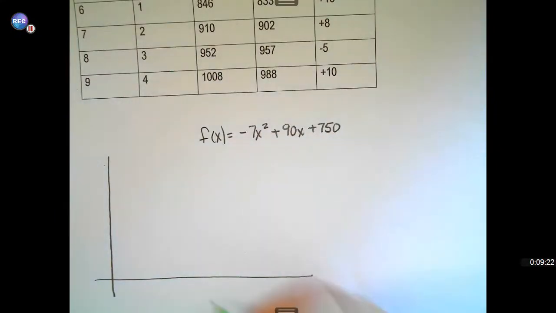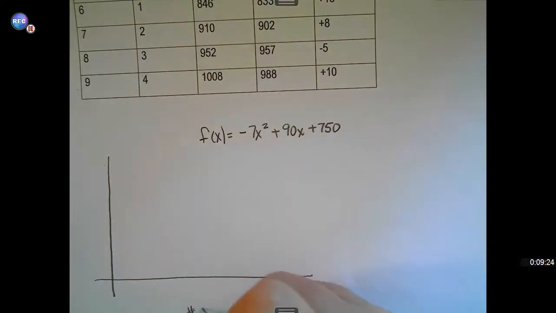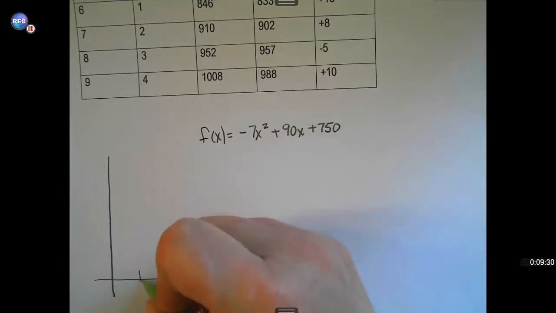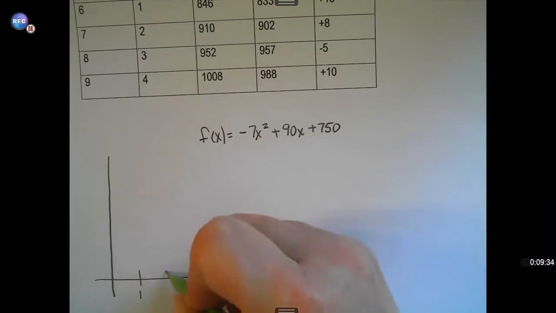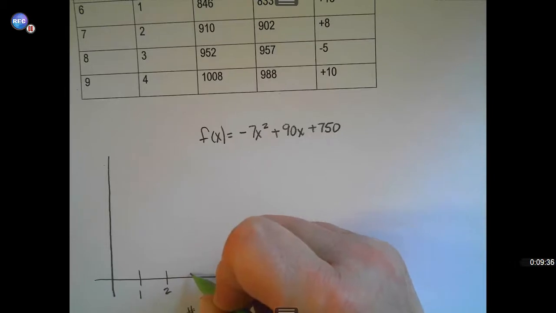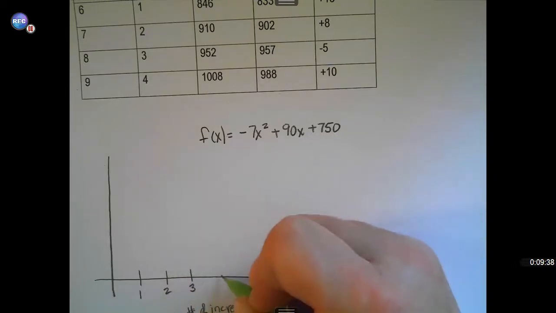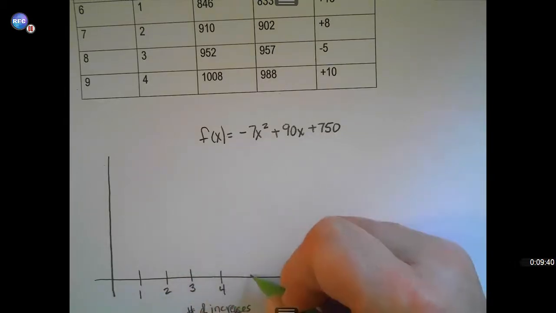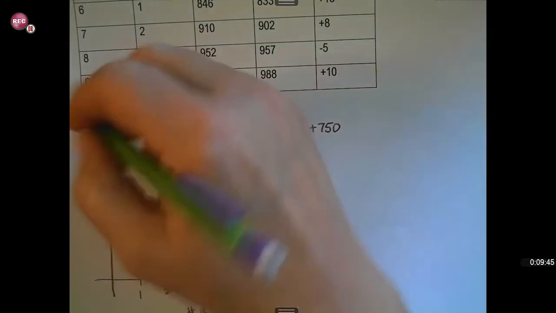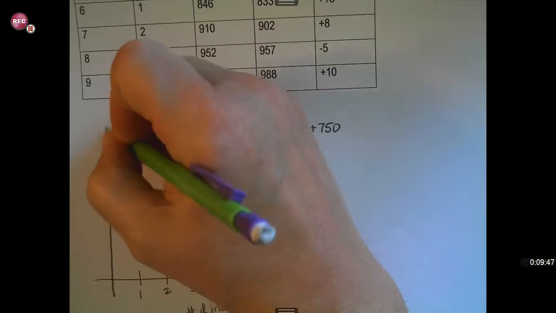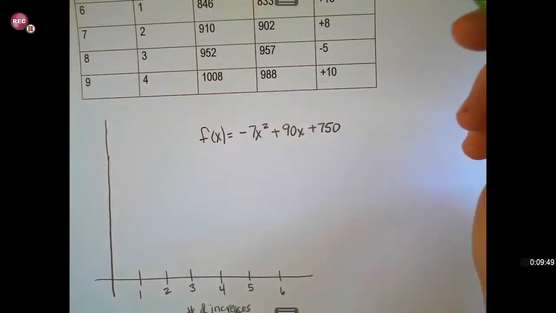It will be the number of increases. So that'll be 1, 2, 3, and then along here we'll put the predicted revenue, okay?